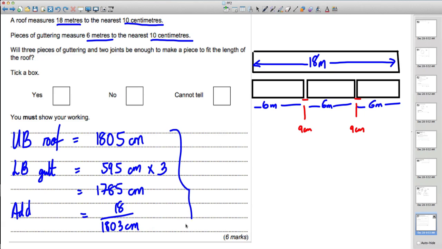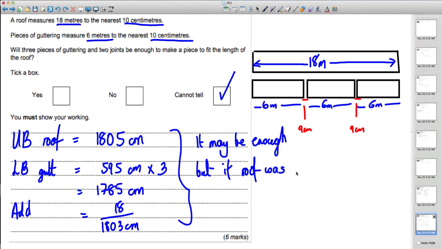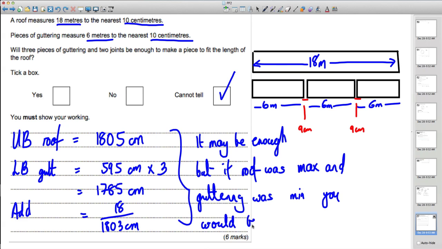So the answer, therefore, is you cannot tell. Okay, it may be enough, but if the roof was maximum and the guttering was minimum, you would be 2 centimeters short.